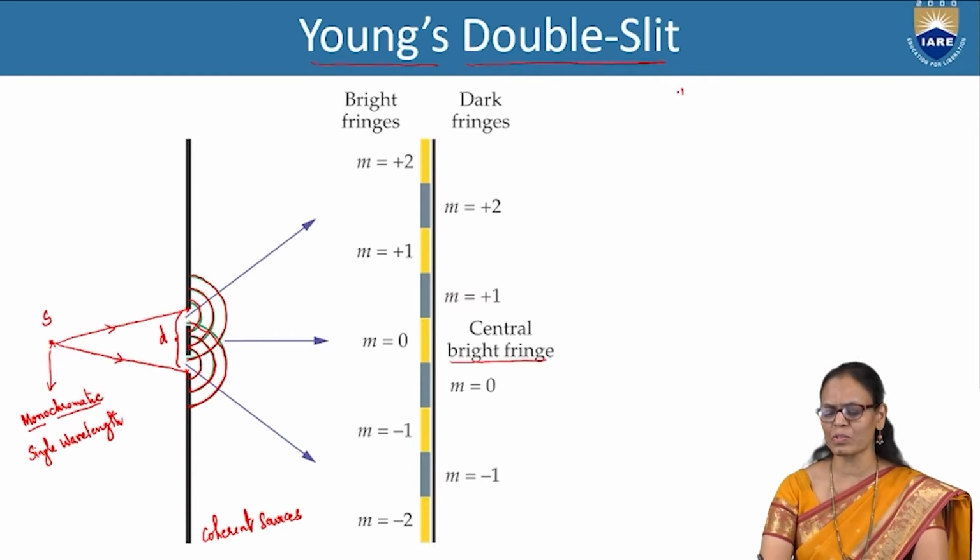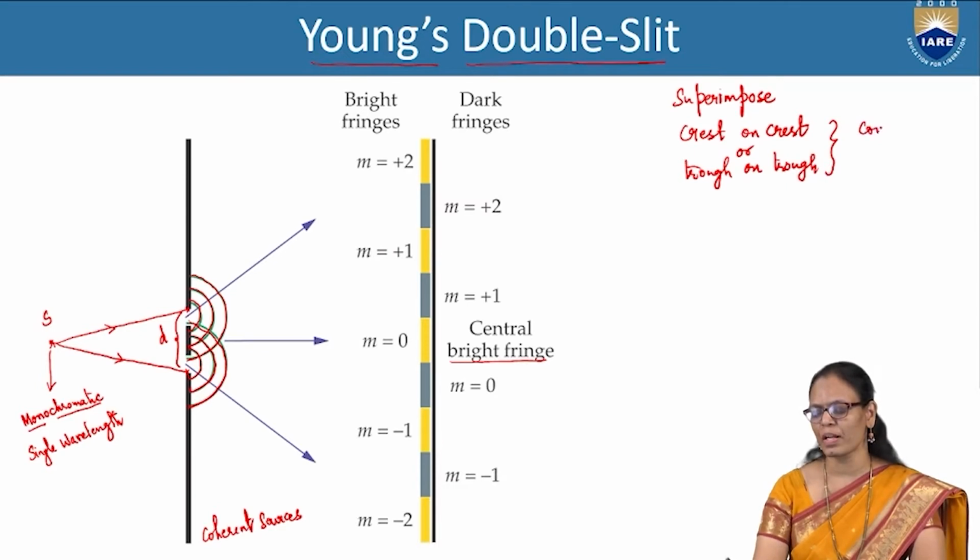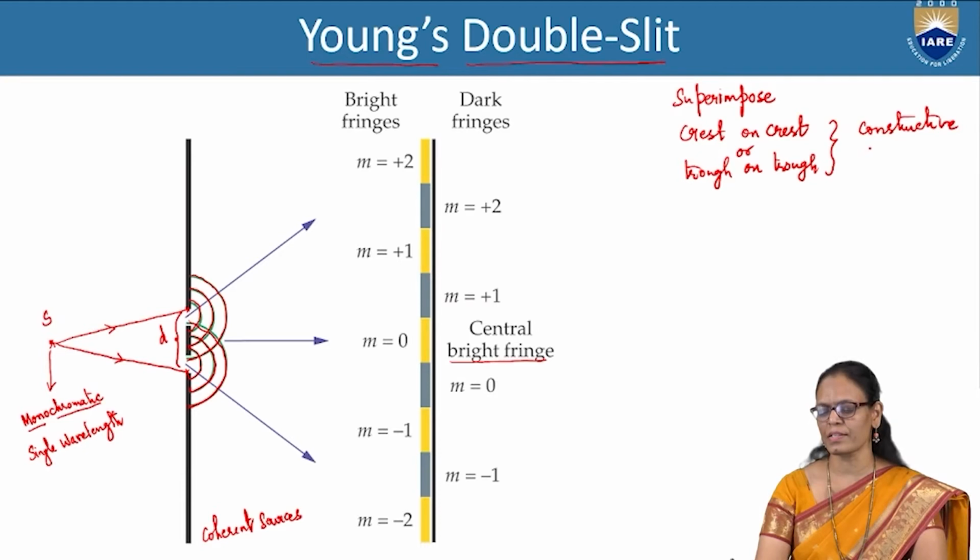So these waves will superimpose, and when they superimpose, if they are in phase, meaning crest falls on crest, or a trough falls on a trough, all those points will correspond to constructive interference.